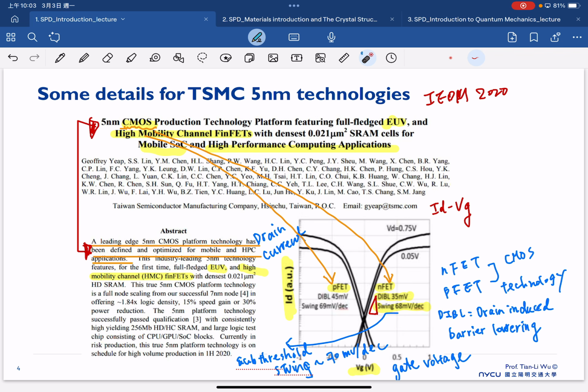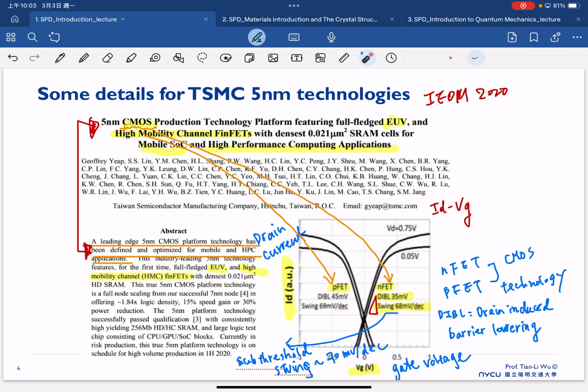This is just a combination of N-type plus P-type, and the key indices listed in these figures are the same. What we care about is always the swing. You can see from 1999 we could already achieve 69 millivolt per decade, and nowadays we can still achieve around 68 millivolt per decade.